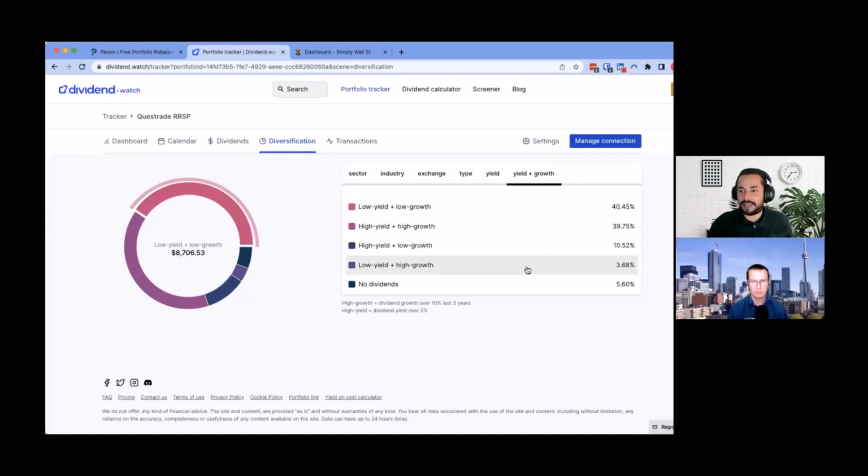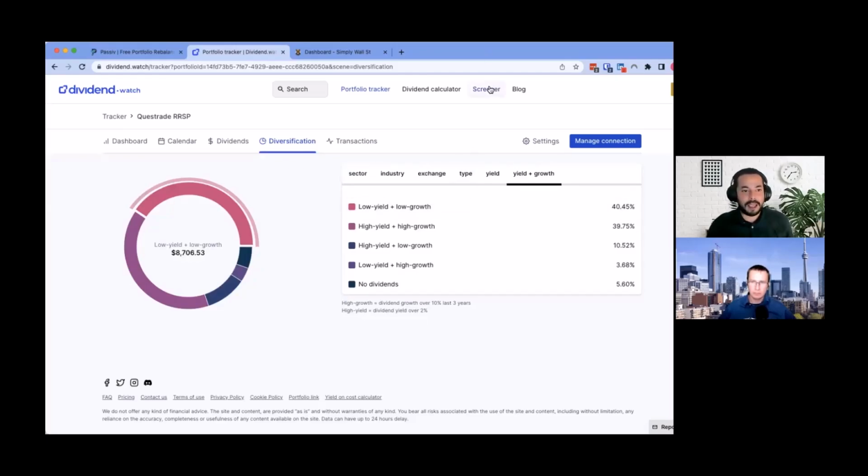If I use their diversification tool, I can get a quick understanding of how my portfolio is constructed from a dividend perspective. In this case, we'll see that I've got 3% of my portfolio, and really 40% of my portfolio, in low yield, low growth stocks.